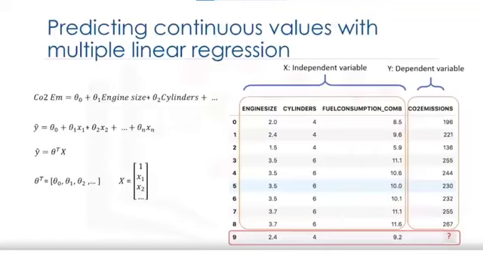In the same example, we are going to consider three features: engine size, along with cylinders and fuel consumption. So now we will have three independent variables and one dependent variable, and we will build a model where we will have four coefficients, one intercept and other coefficients for each of those variables.